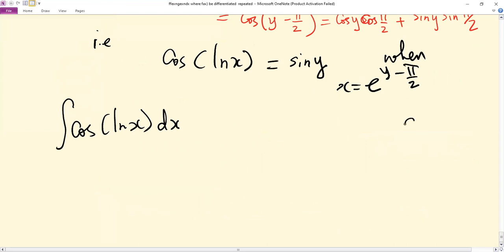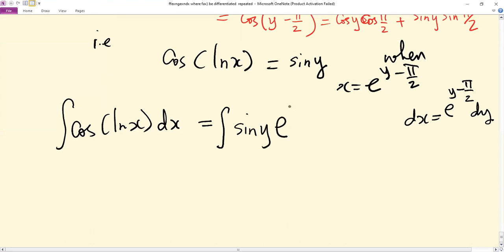And dx is the same as differentiating this one, we get e raised power y minus pi over 2 dy. So this is the same as integral of sine of y times e raised power y minus pi over 2 dy.